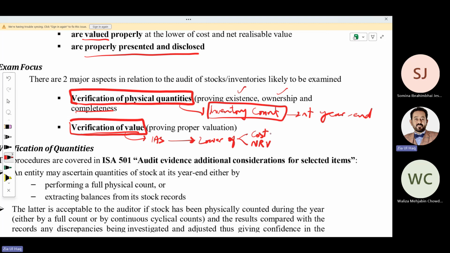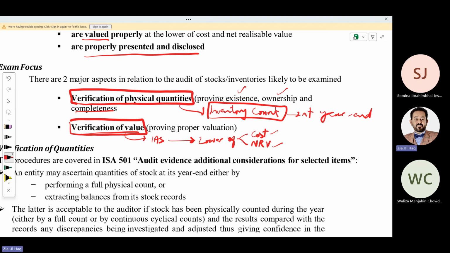This means we need to verify cost first through accounting records. We need to verify NRV, meaning selling price less cost to sell. We will calculate both figures and see which is lower, whether inventory is valued at the lower figure or not.